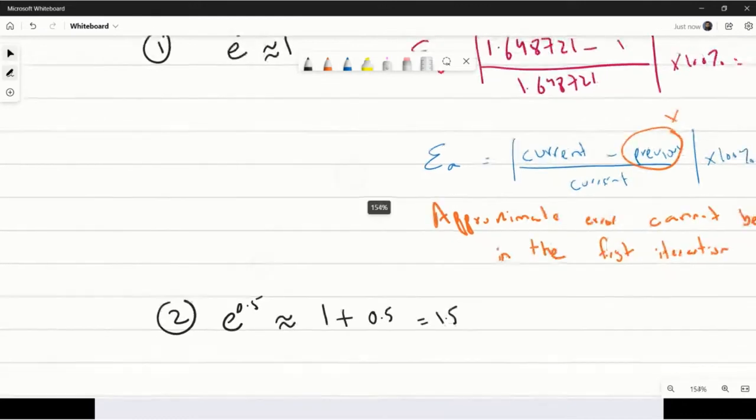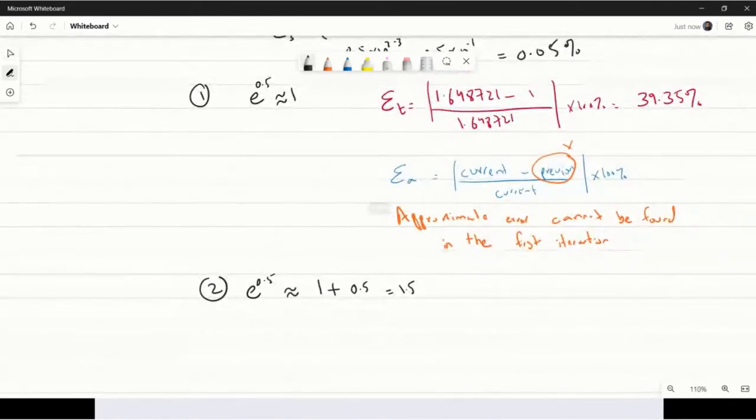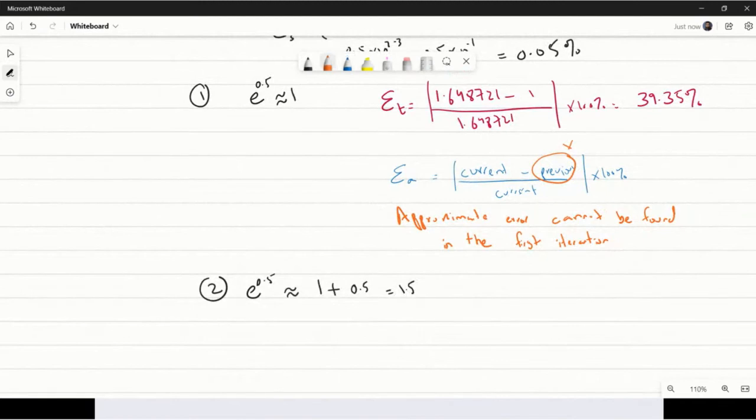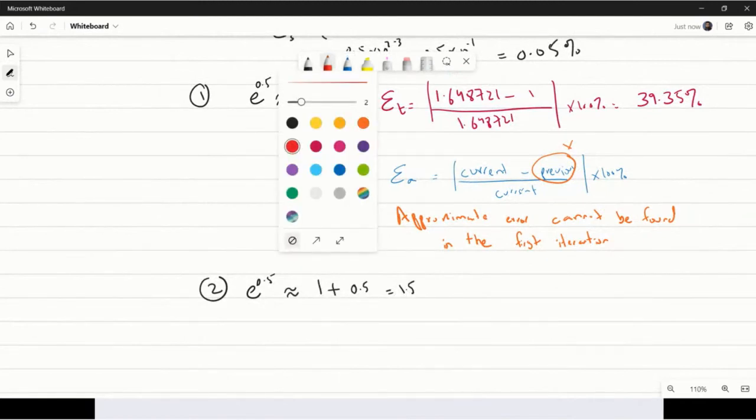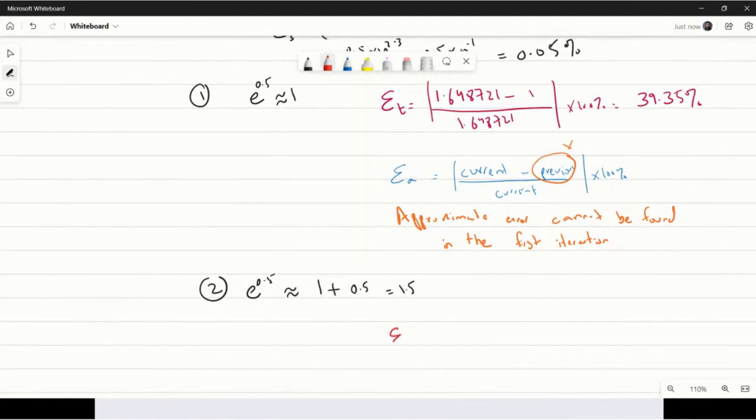And we can find our true error as the true value minus the approximate value divided by the true value multiplied by 100%.